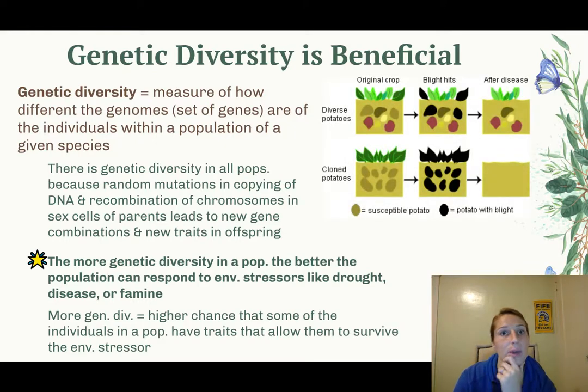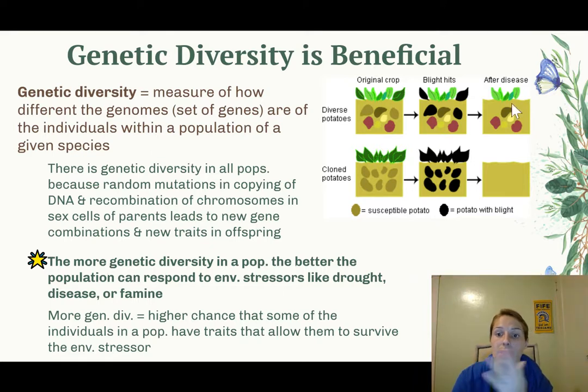And one example that we can look at here is going to be with a disease called potato blight. So if we're looking at a really diverse population of potatoes, if this is your original crop here, if blight hits and maybe only one of the species of potatoes is going to be susceptible to this strain of blight.